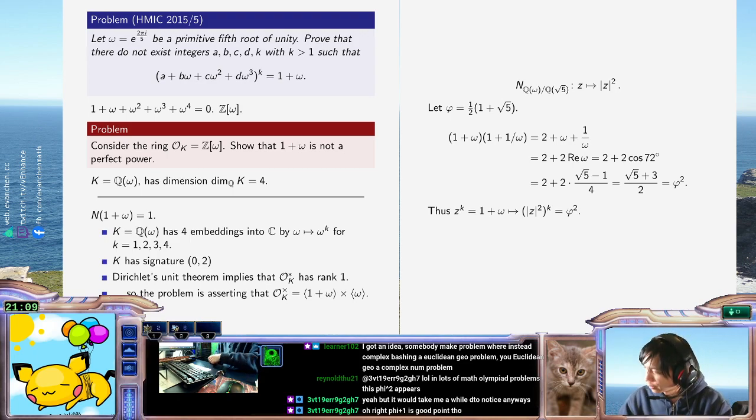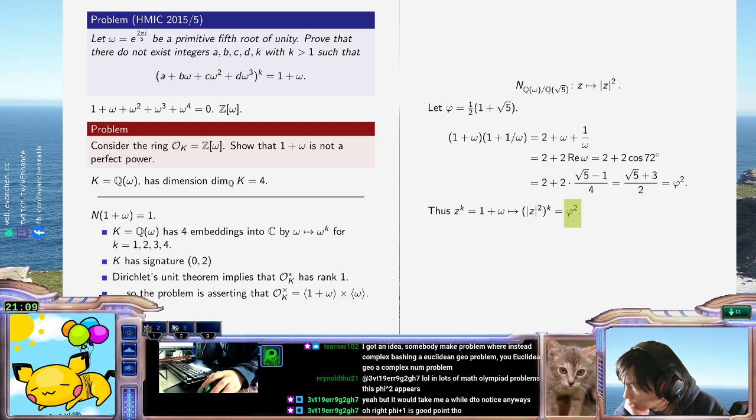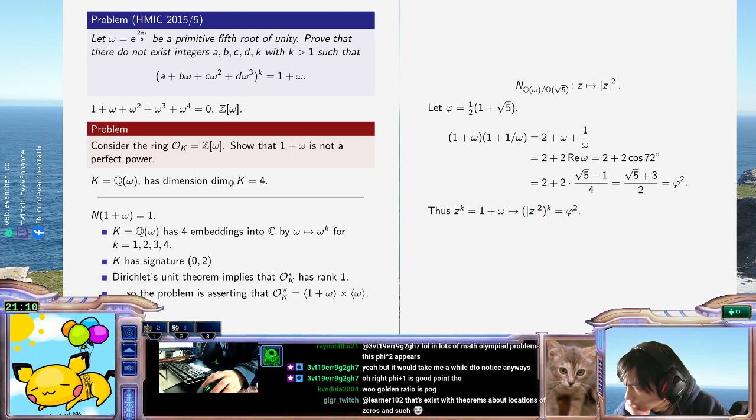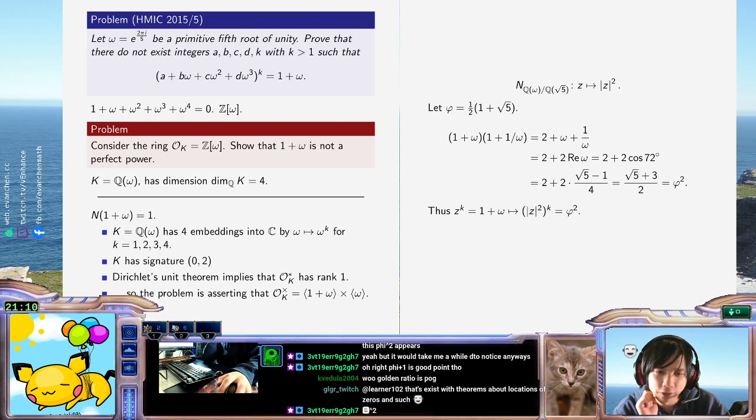Okay, so I am feeling that this should reduce the possibilities for k. I guess it becomes a question of whether 1 plus phi is a power or something.